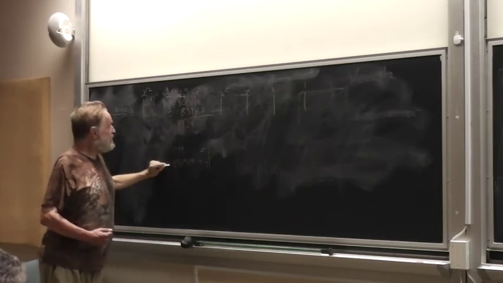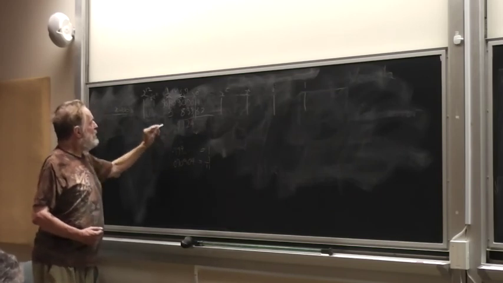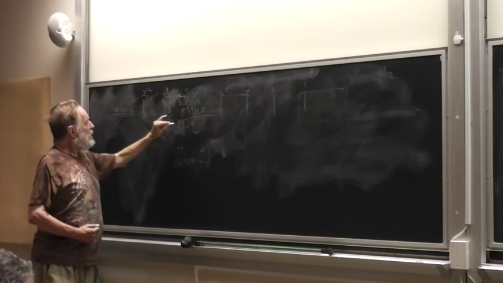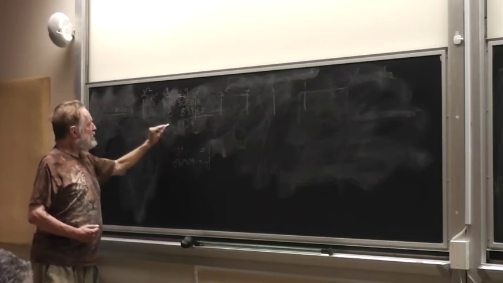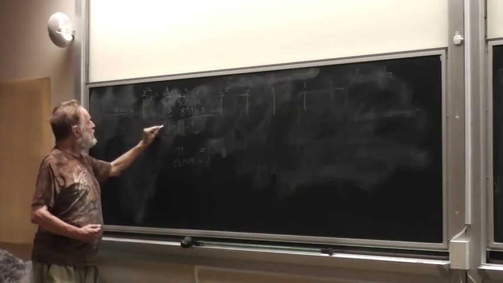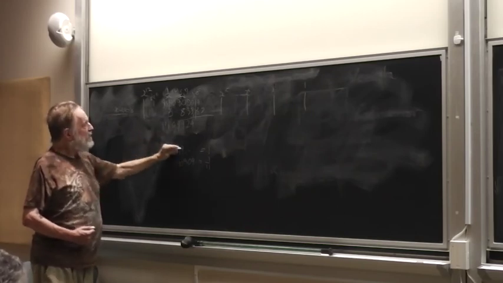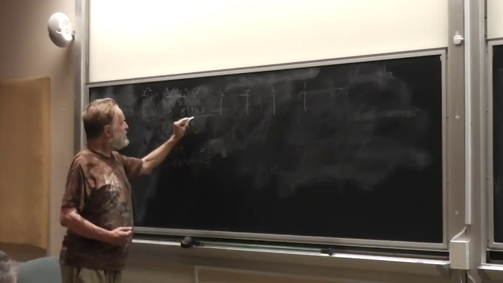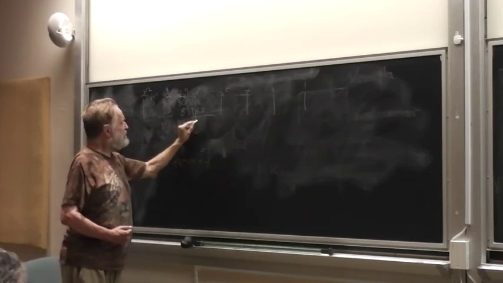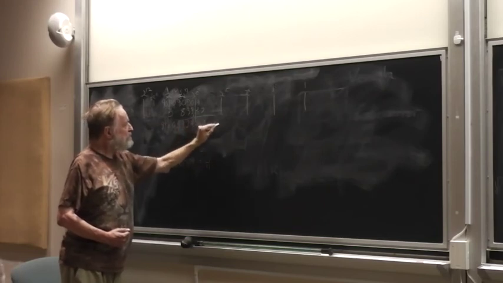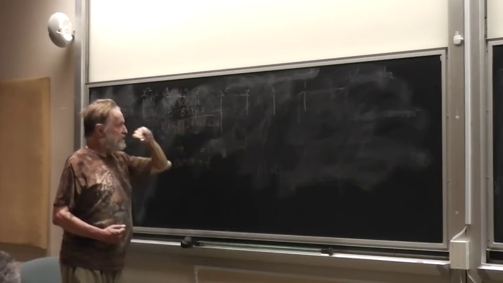I'll return to that in a little bit. 5 and 9 make a 4 and a 1. There's 9, 1. And now from here on, I get 2, 4, 2, 4, 2, 4. And this will continue forever.